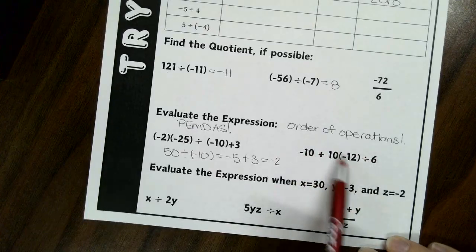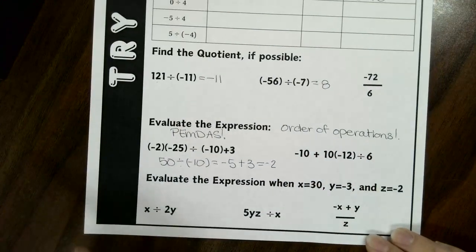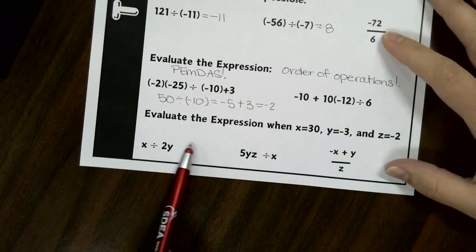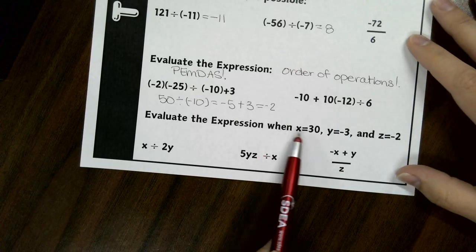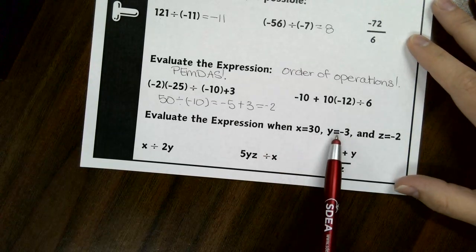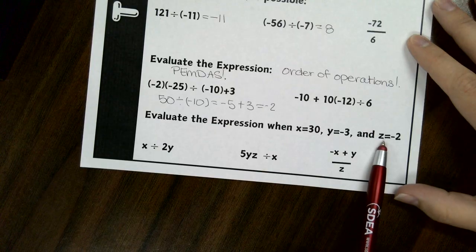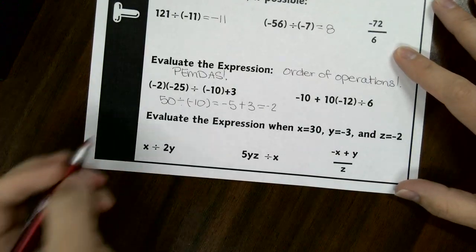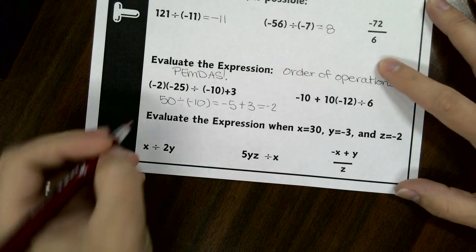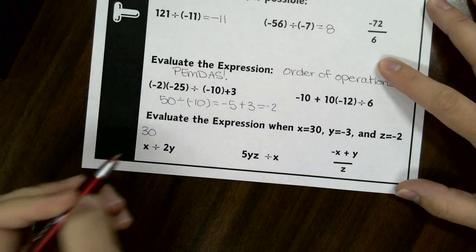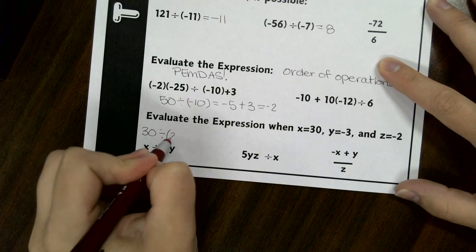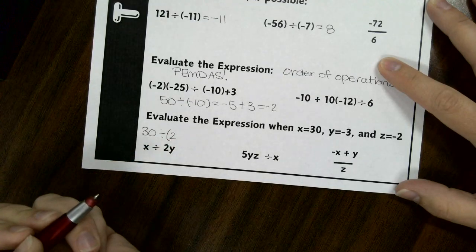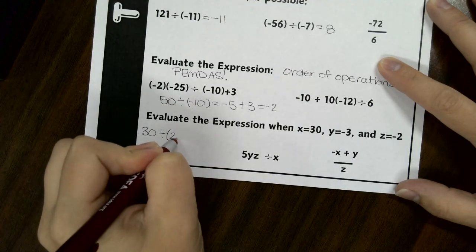You're going to go ahead and solve this one on your own. Let's jump down to evaluate the expression. So when x equals 30, y is -3, and z equals -2. Okay, so I'm just going to plug in these numbers. So x equals 30 divided by 2 times -3.